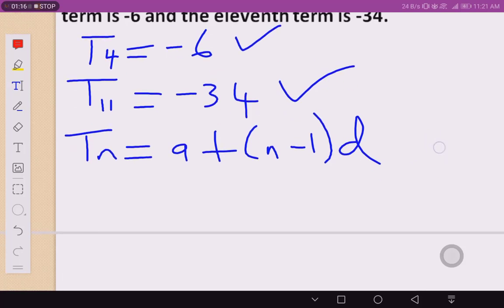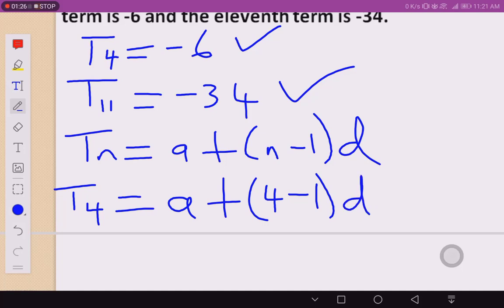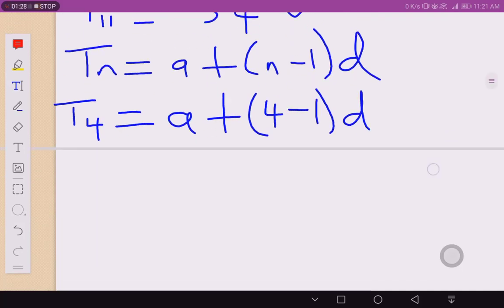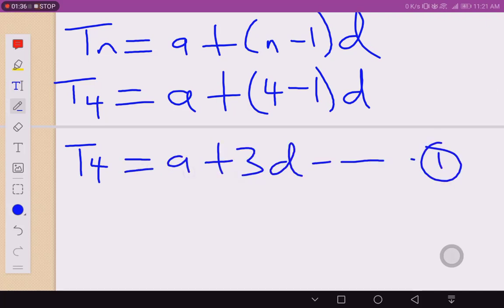Okay, let's do that. For the first one, T4 is equal to A plus (4 minus 1) times D. We get T4 as A plus 3D. This becomes equation number 1.